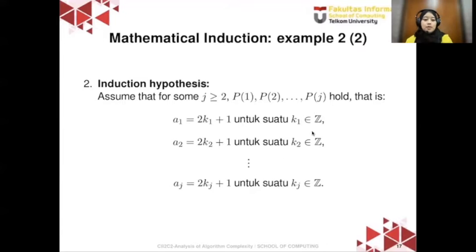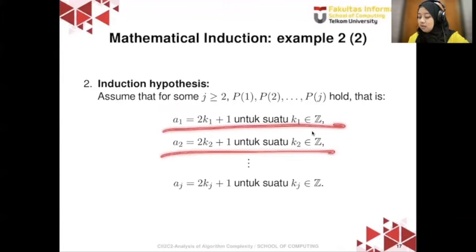The next step, we want to have some induction hypothesis. So here, because we have strong induction, for some j larger or equal than 2, we will assume that P_1 and so on until P_j hold. That is, these all hold.